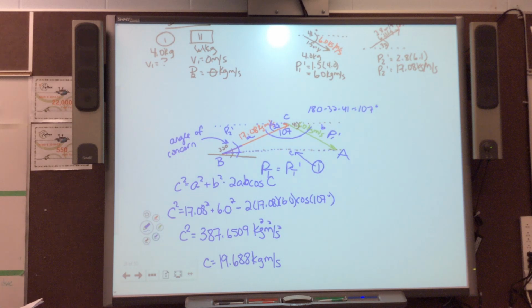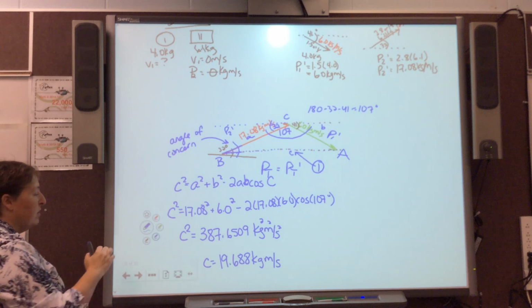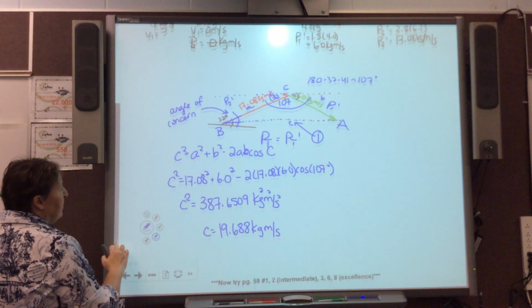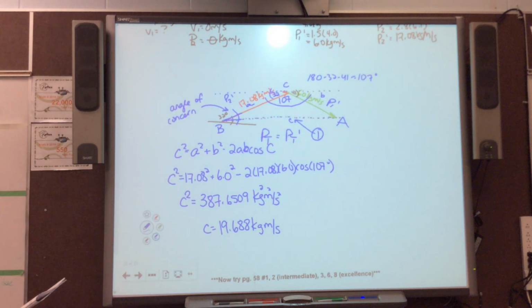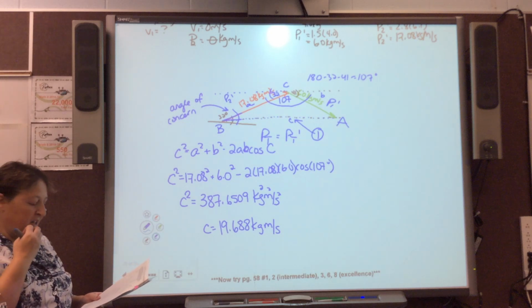And because P total prime is equal to P total, we can figure out the velocity of the 4 kilogram object before. It's looking for velocity, not just speed.